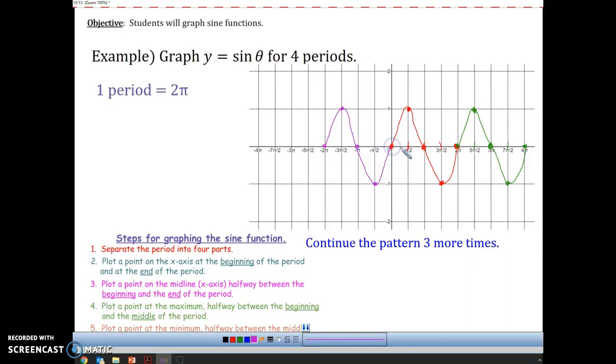Here's another period, and 1 more time. So minimum, intercept, maximum, intercept. And here is my graph. So that is y equals sine of theta for 4 periods.